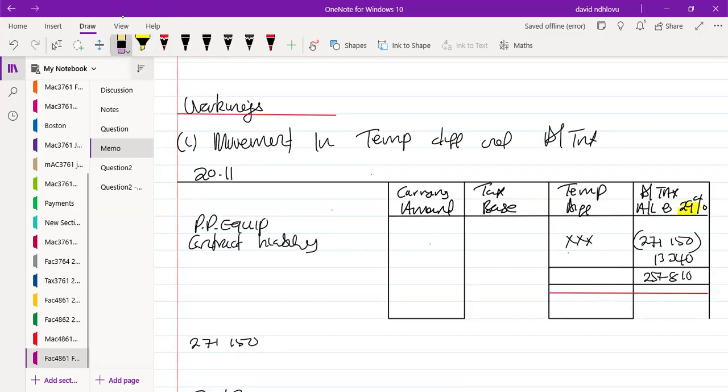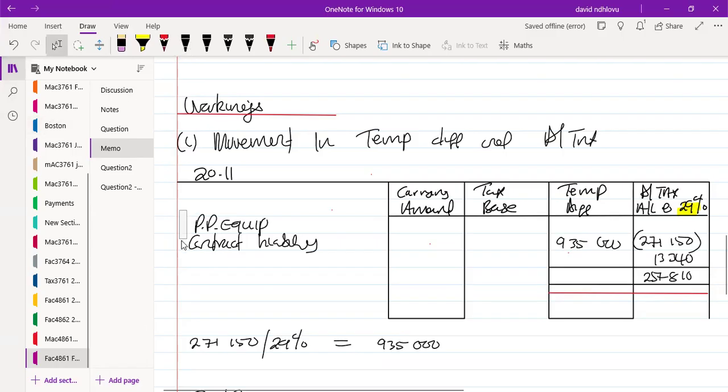So if we are calculating in reverse, we simply take that divided by 29%. Then we get the figure of temporary differences. That will give us a figure of 935,000. So this is what should have been sitting here.